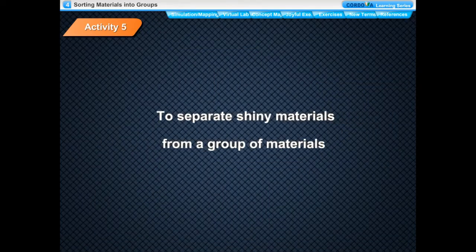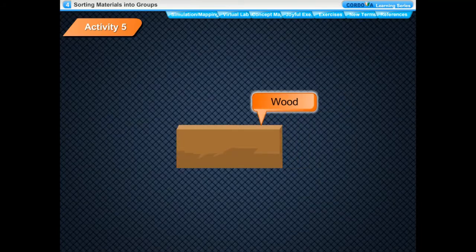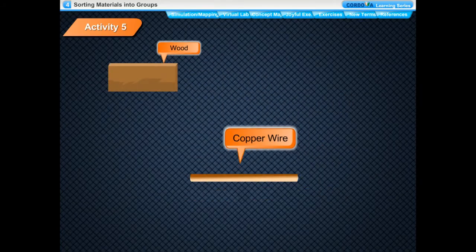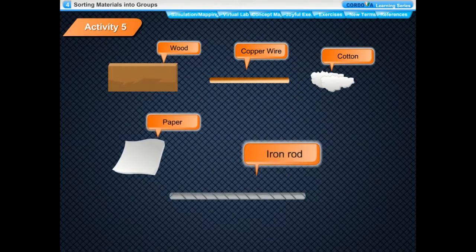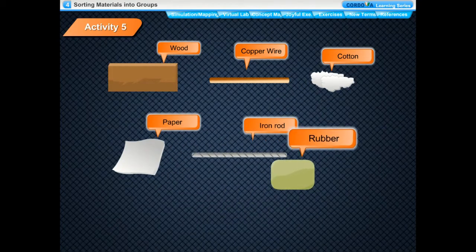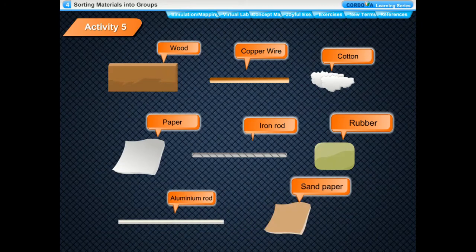Activity 5. To separate shiny materials from a group of materials. Things needed: wood piece, copper wire, piece of cotton, paper, iron rod, rubber, aluminium rod, and sandpaper.